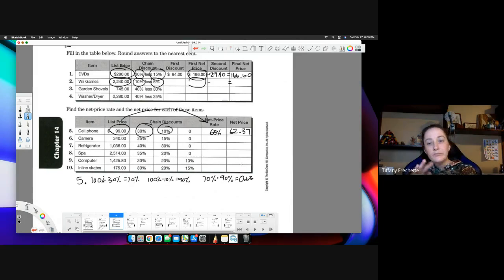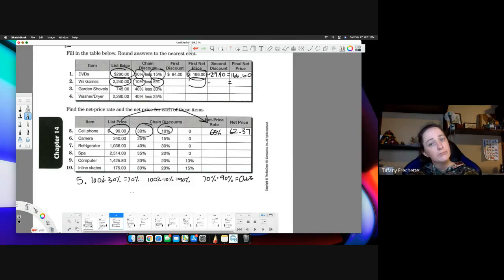So it depends on how you look at it, whether that's easier. You can do it this way, where you take the first discount by the list price and then subtract that discount, take the new price by the second discount, and then subtract it to get the final. Or you can just do the complements, multiply them together to get kind of an overall discount or net price rate, and then multiply that by just the original list price.